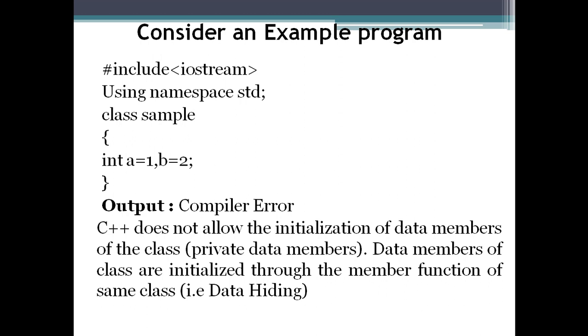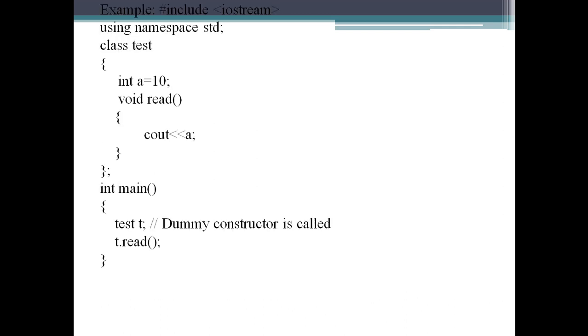That's why data members of the class are initialized through member functions of the same class. Through that we can achieve the data hiding concept. By declaring the private access specifier, we can achieve data hiding, or data security, right? So that is a simple example where, if I initialize a private data member, the compiler will result in a compiler error.